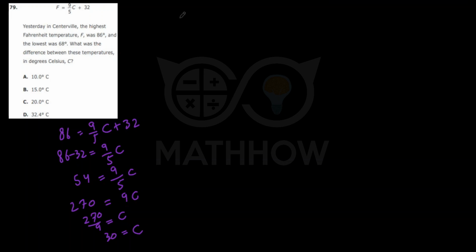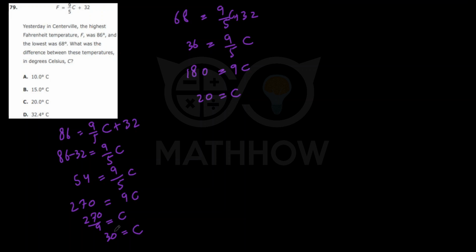Now convert the lowest temperature similarly, substituting 68 degrees in place of F and solving for C. Subtracting 32 on both sides, this will become 36 equals 9 over 5 C. Multiplying with 5 on both sides, this will become 180 equals 9C, and dividing by 9 on both sides, this will become 20 degrees Celsius.